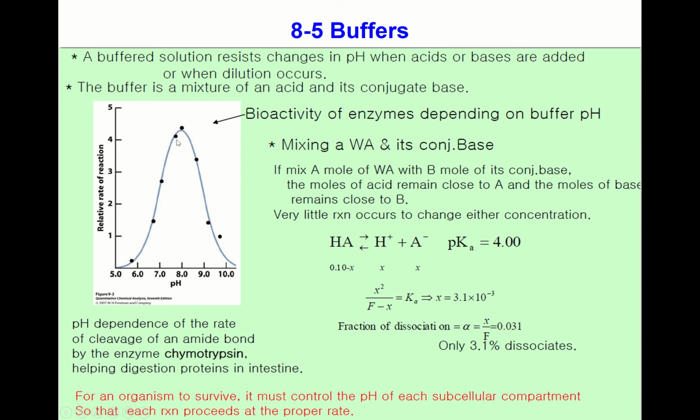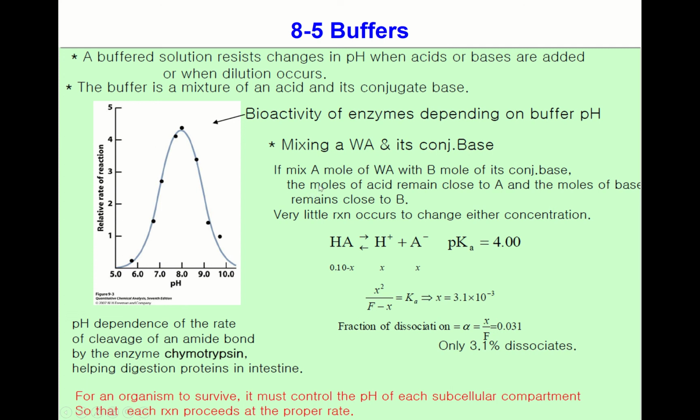The activity is highest at around pH 8. In a more acidic or more basic solution, the chymotrypsin activity decreases. So to make the chymotrypsin most active, the solution pH must be maintained around pH 8. In that case, the buffer is used.